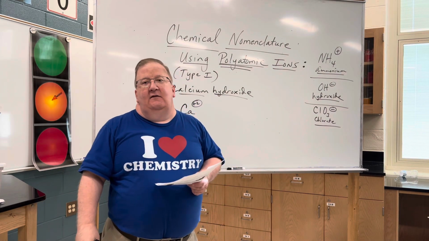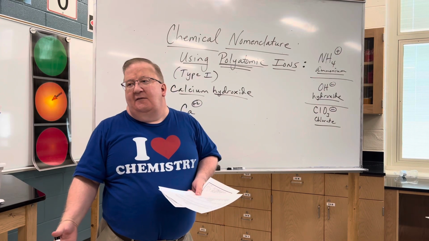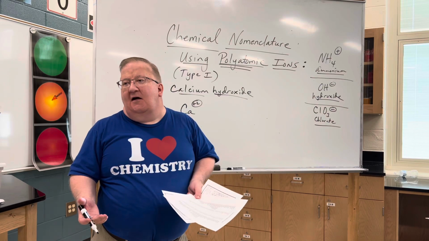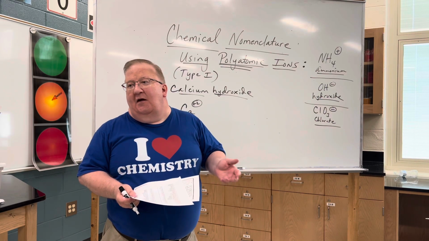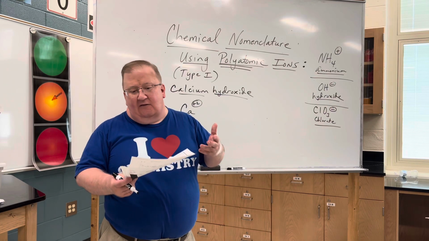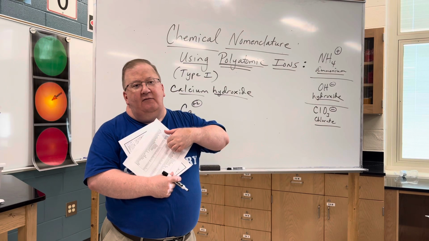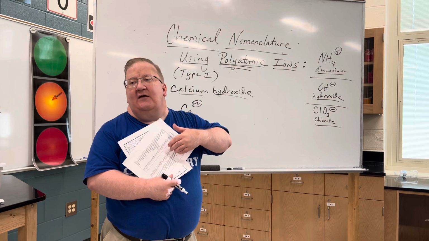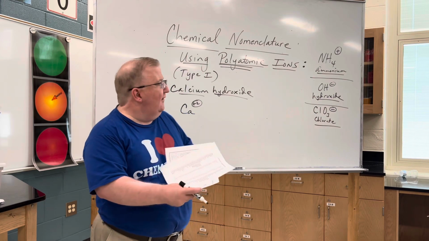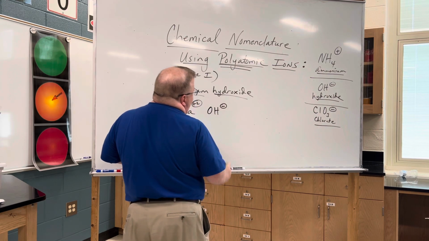Hydroxide is not on the periodic table by itself, right? It sounds like it may be a polyatomic ion. If it were hydride, that would just be hydrogen. But hydroxide has its own formula, right? And you have to find which formula matches up with hydroxide. So hydroxide is OH minus. So write OH minus.